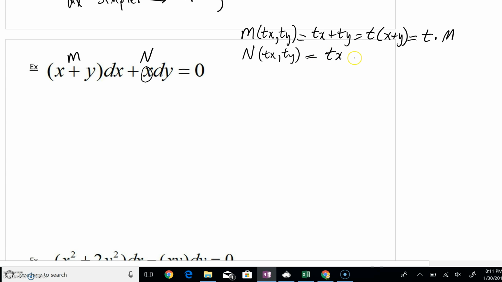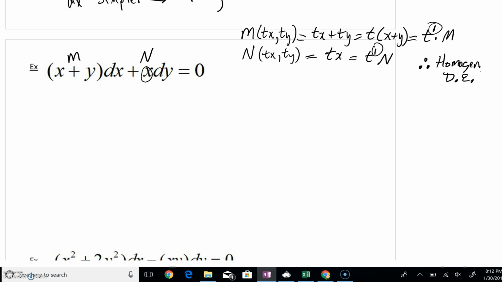And x, of course, was N itself, so we have t times N. In other words, we have t to the first times N, t to the first times M. We have a first power for both of these degrees, so therefore we have a homogeneous differential equation. So that's a good thing to check, that this method would be helpful and useful.